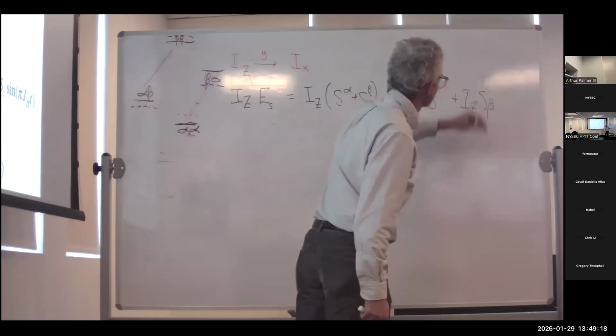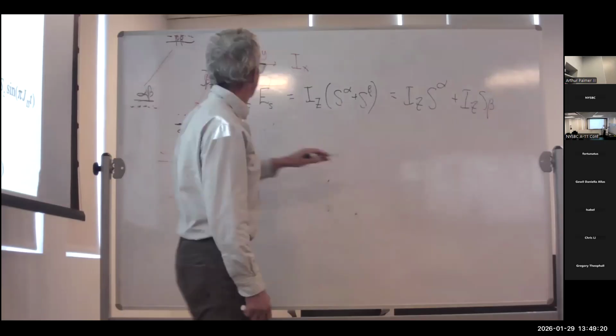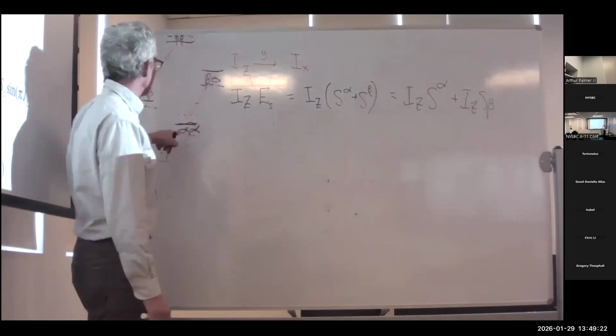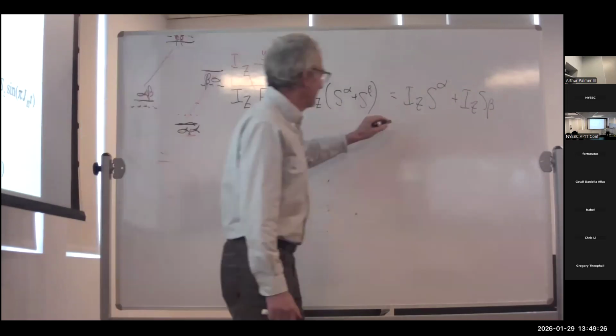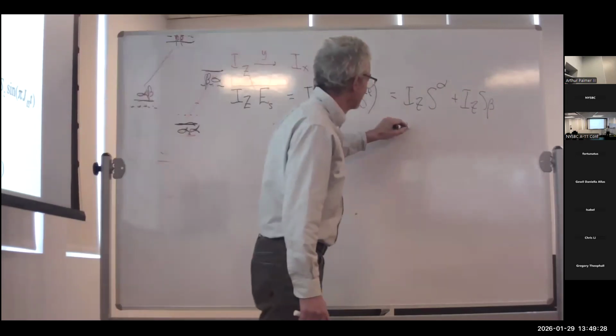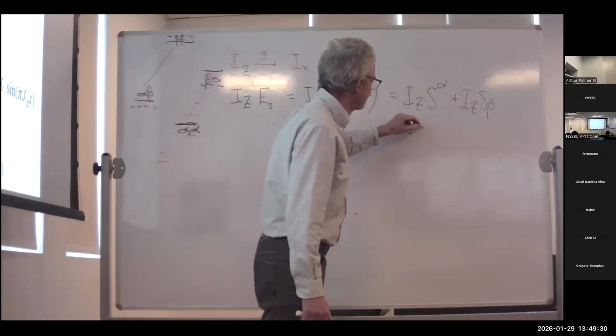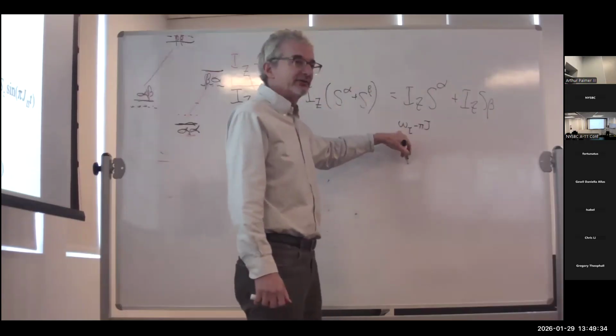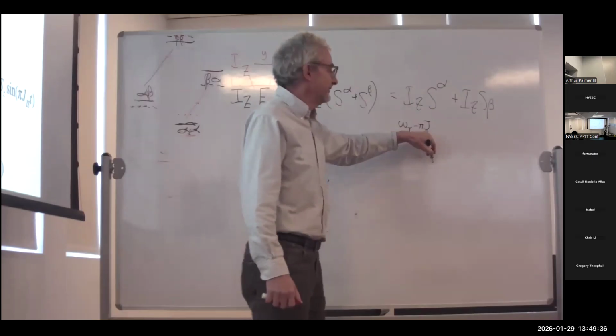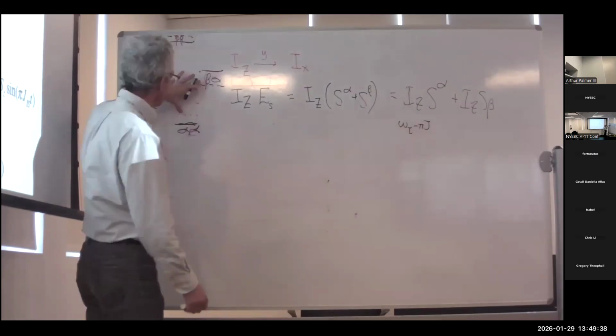And now I say, looking at my energy diagram, that this one has a frequency, whatever the I spin frequency was going to be, minus pi J, because that's the change in energy here.